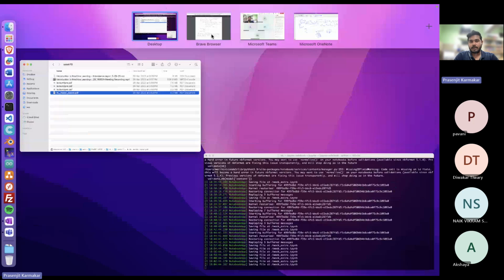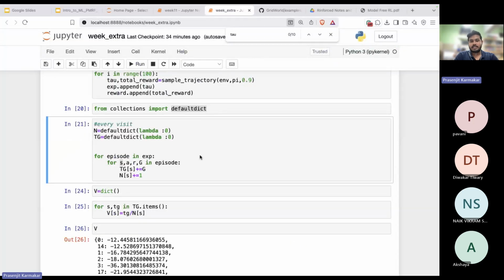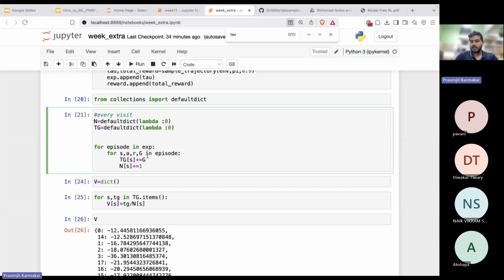So this implementation has a biased estimate of value function, which is proven. The proof is not there in your syllabus. So you can prove that with every visit Monte Carlo, there can be a biased representation of the actual value function. So what is bias? You already know from the initial classes, right? That means either my value function is inflated, or there is a positive bias or a negative bias.